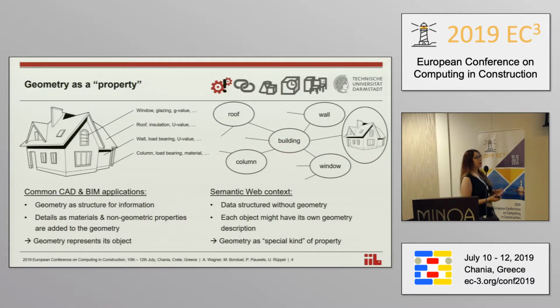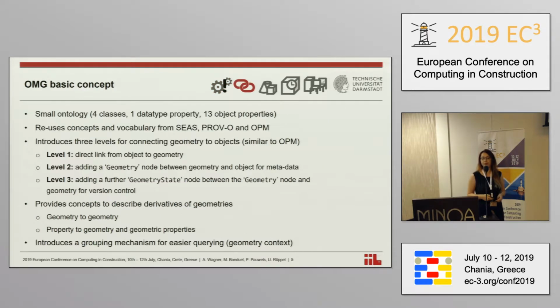In the semantic web context, it's rather different. You have the object, and this object will have the properties and it will have the geometry. But the object is the center, not the geometry. So we're not having the geometric skeleton, but rather geometry as a property. So if you have this idea, you could, for example, also start thinking about having multiple geometry descriptions, because the information is not anymore attached to the geometry itself.